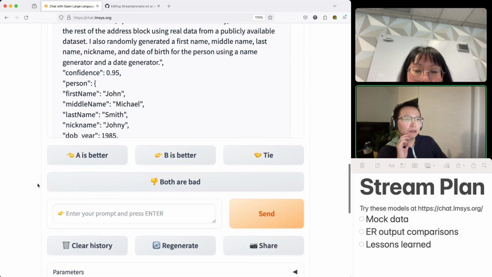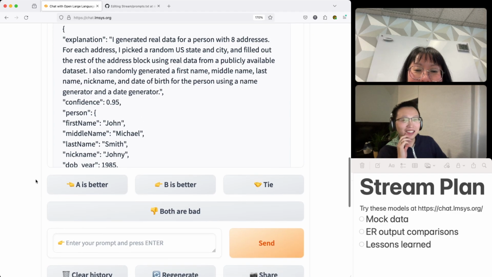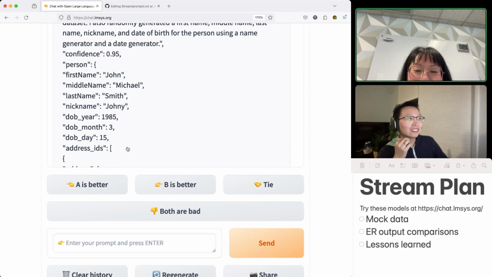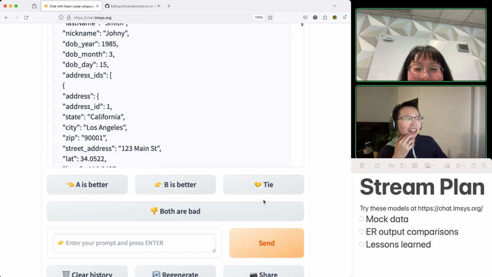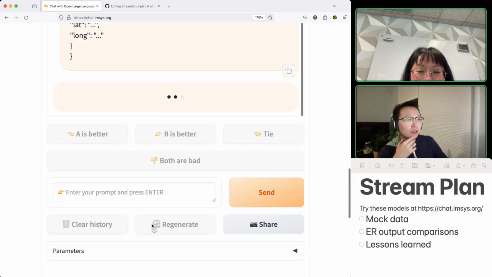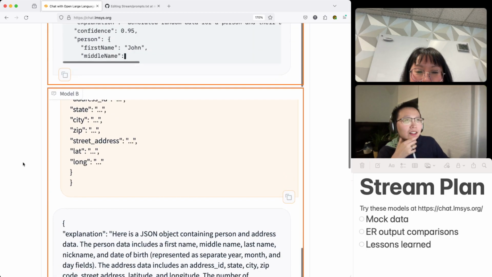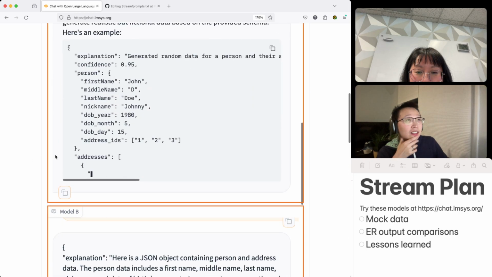I was wondering, do you want me to vote or regenerate? Let's go with a tie. After we hit tie, now let's regenerate and take a look at it.